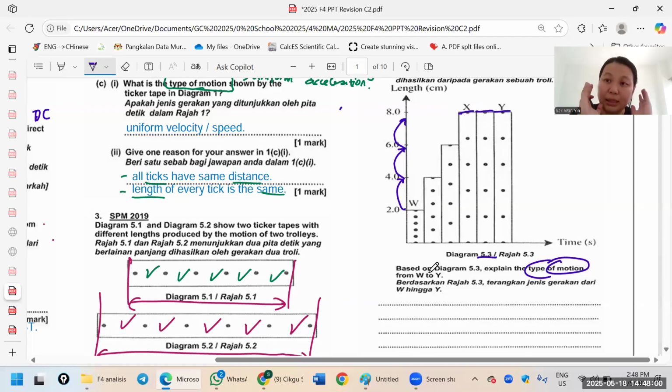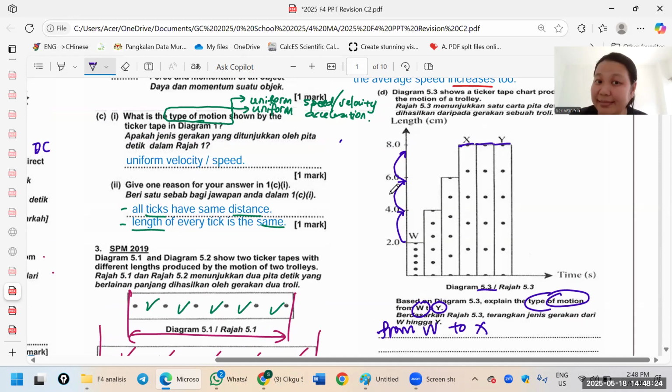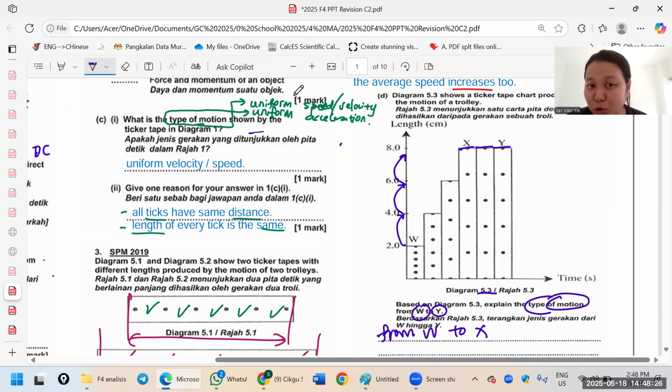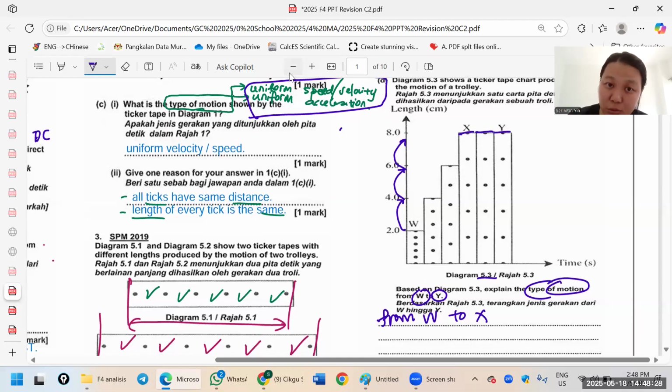So you should say first, then W to Y. So we can say from W to X. What happened? Of motion, just told you.